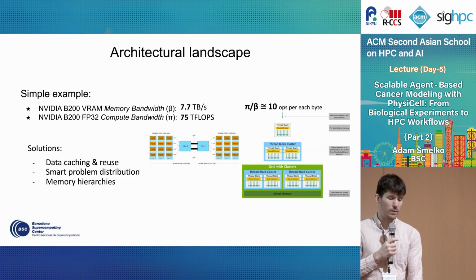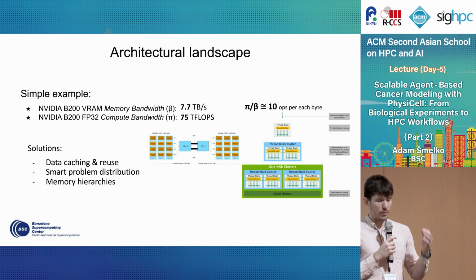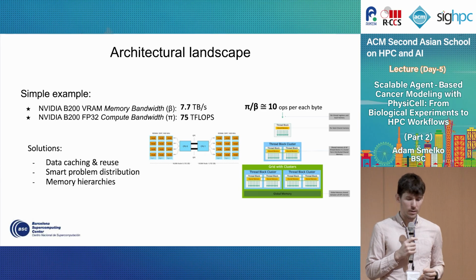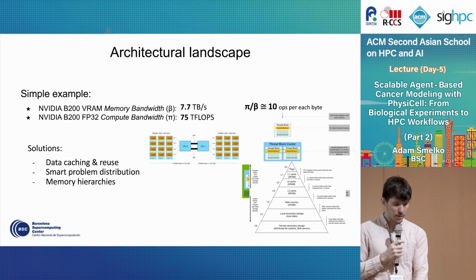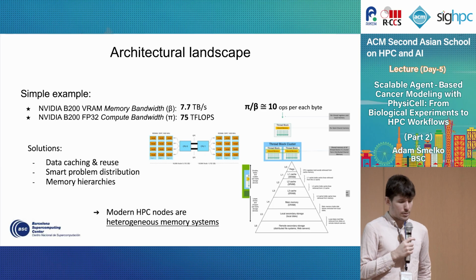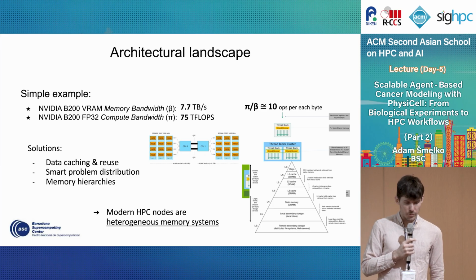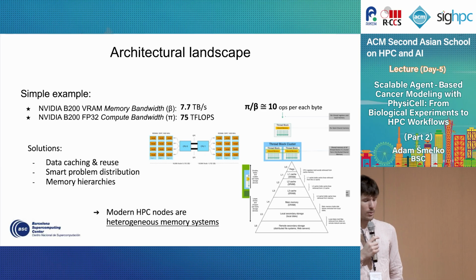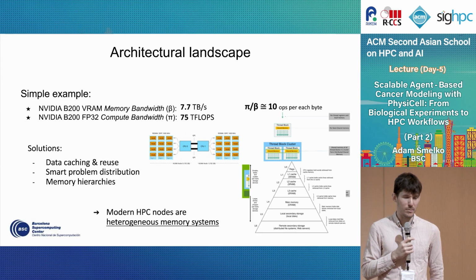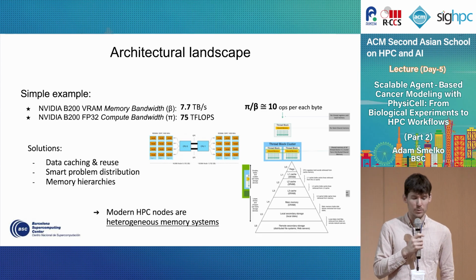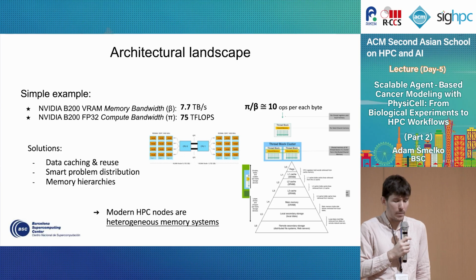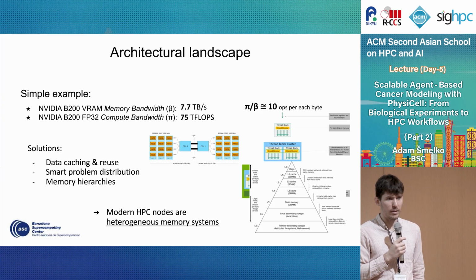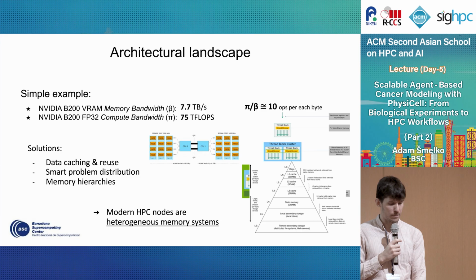It can be the caches of a CPU, or the very complex memory hierarchy of a GPU, etc. The takeaway message from this slide is that modern HPC nodes are heterogeneous memory systems, and in order to get the most benefit from them, you need to adhere to these memory hierarchies.